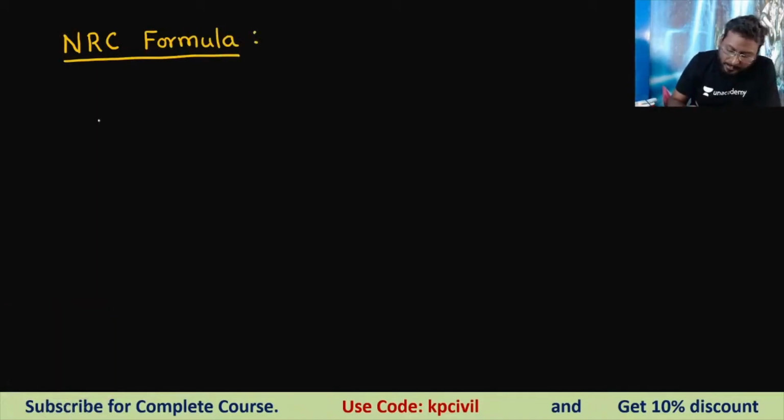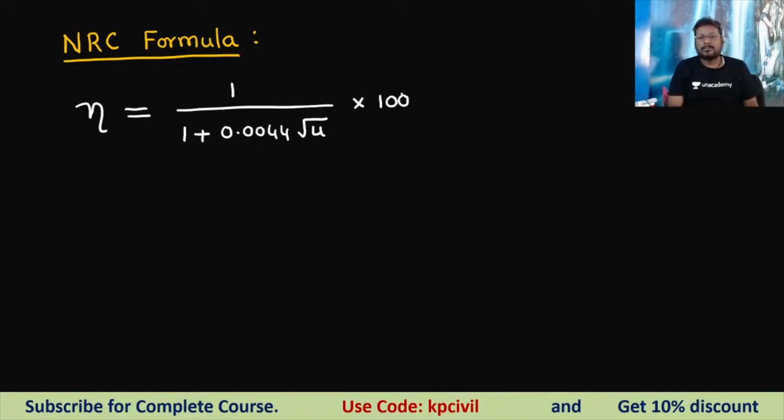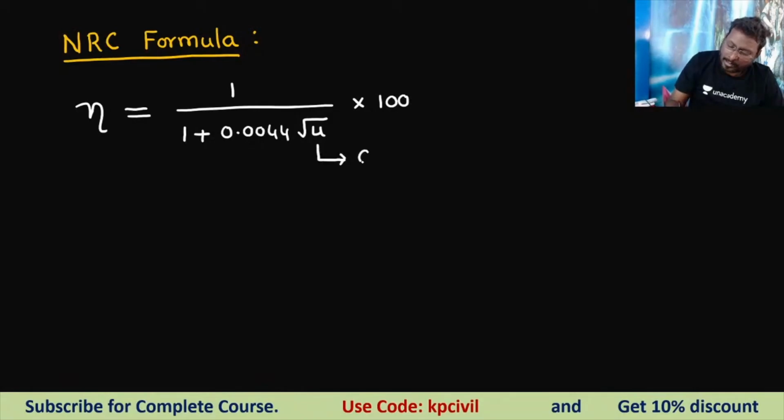NRC formula for efficiency of trickling filter: 1 by 1 plus 0.0044 root u, into 100. What is u? U is the organic loading rate.